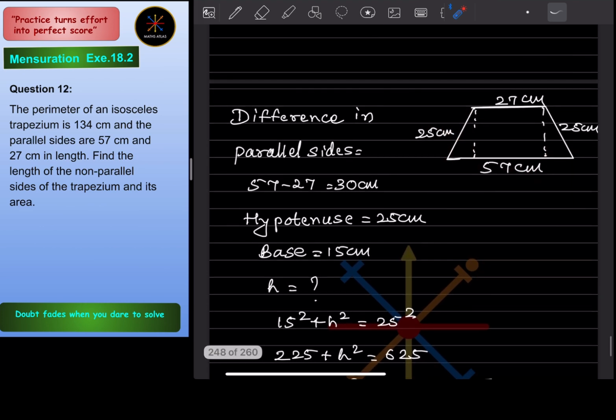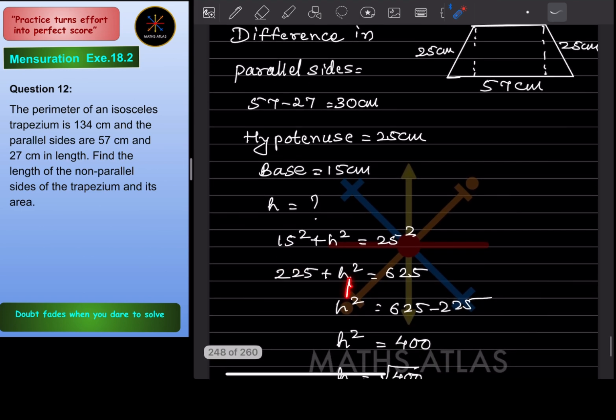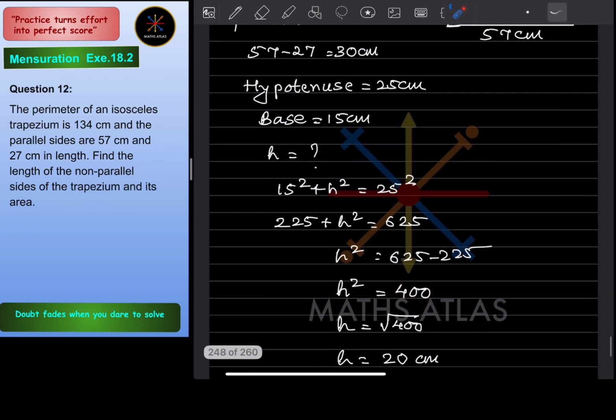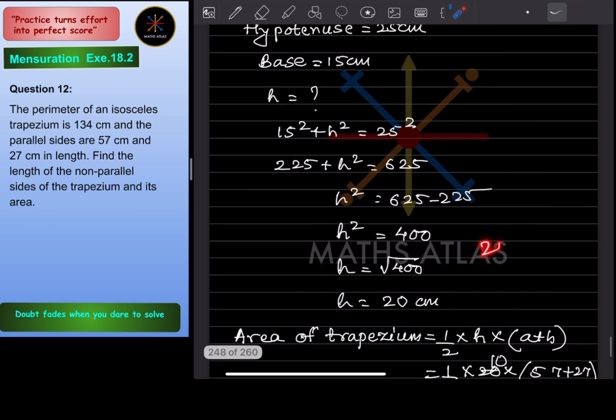To find the height, base square plus height square is hypotenuse square. So 15 square plus height square will be 25 square. So this is 225 plus height square is 625. H square will be 625 minus 225, which is 400. Taking the square root, H will be 20 centimeter, because 20 into 20 is 400.